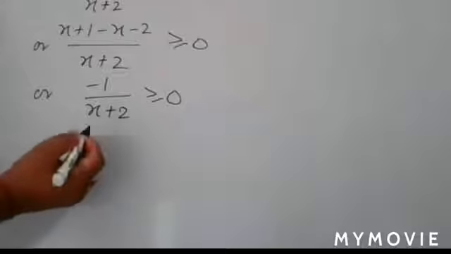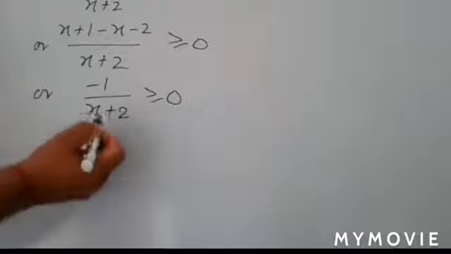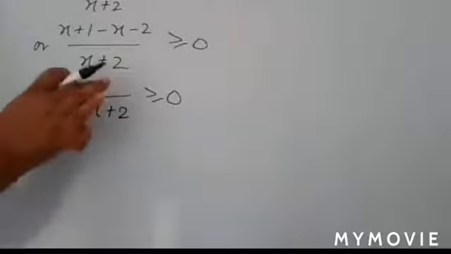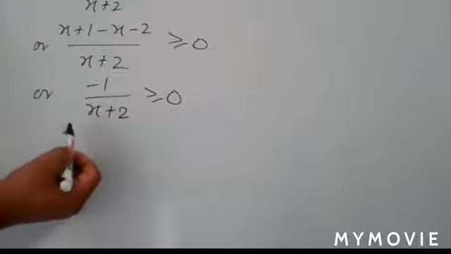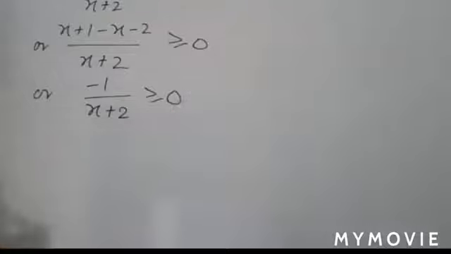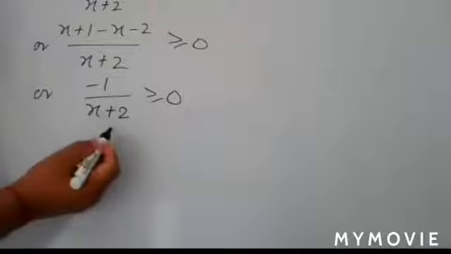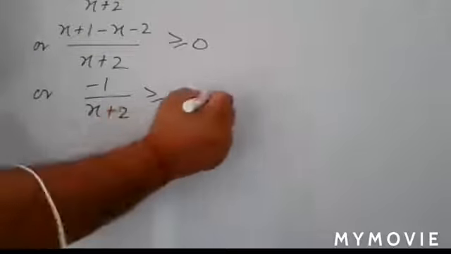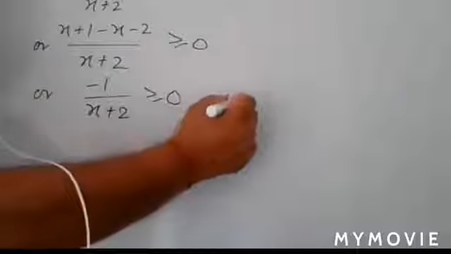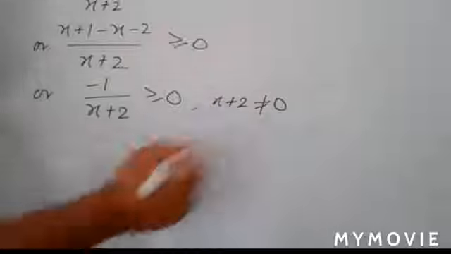Now just see: when you take the reciprocal of that and remove this negative sign, no doubt your inequality sign changes. But here x plus 2 is in the denominator, so already x plus 2 is not equal to 0.